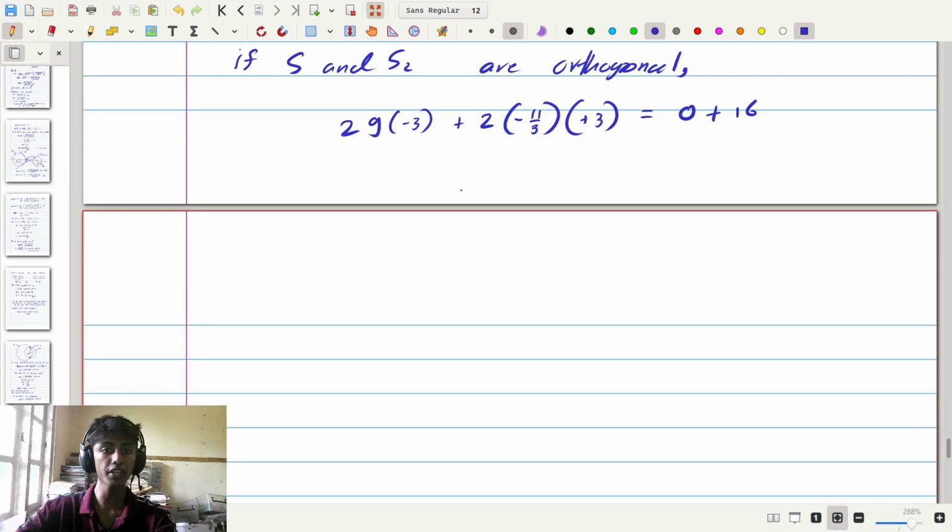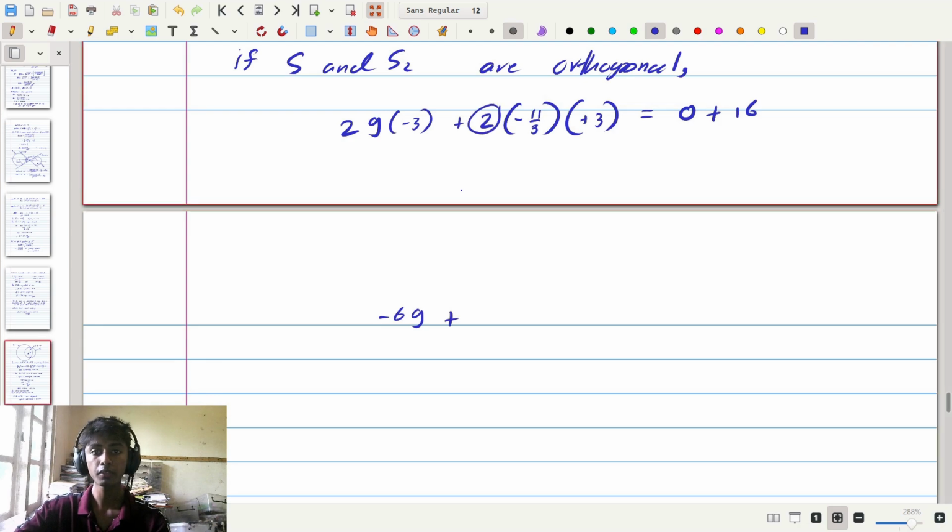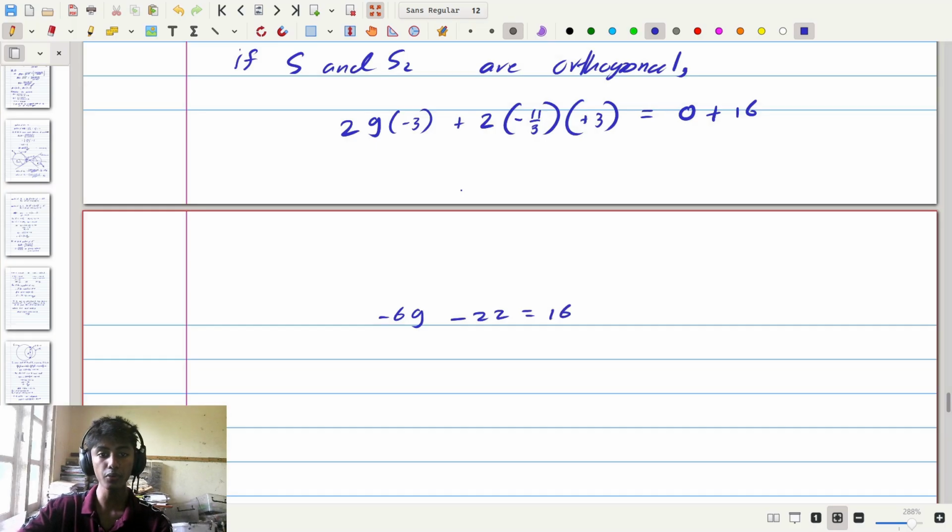Now simplifying this down, we have negative 6g, and then plus 2 times minus 11 times 3 divided by 3, where these two cancel, leaving us with minus 22. So we have minus 22 equals 16, and therefore we get g equals 38 divided by negative 6. So we get g equals negative 19 over 3.